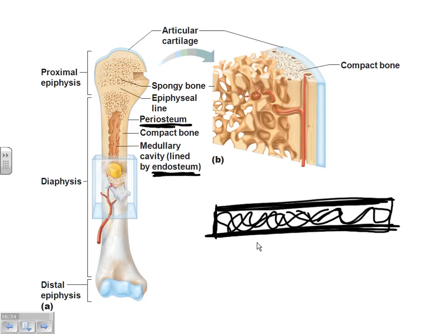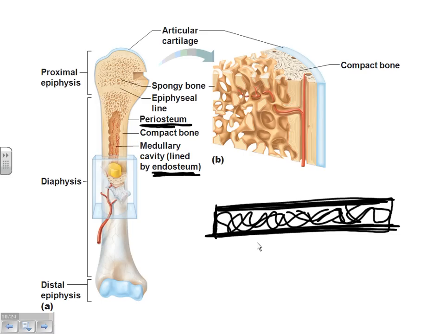All of them are the same: flat, short, and irregular. There are not a whole lot of structural names you need to learn or anything like that. You just need to understand I've got a thin layer of compact bone on the outside, spongy bone in the middle. Okay? So those are much easier than the long bone, right? That's why we do long bone first.